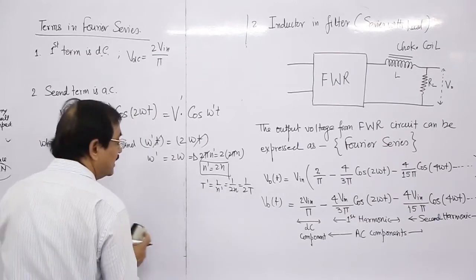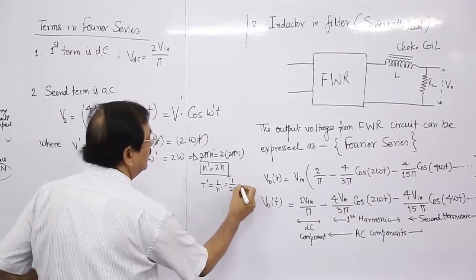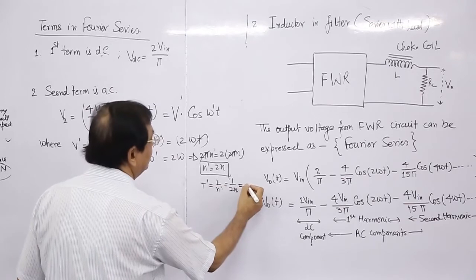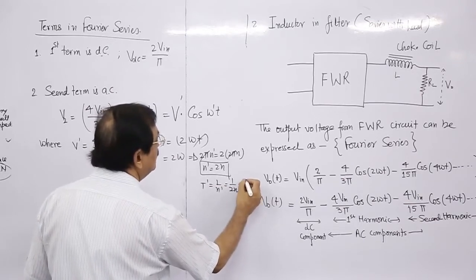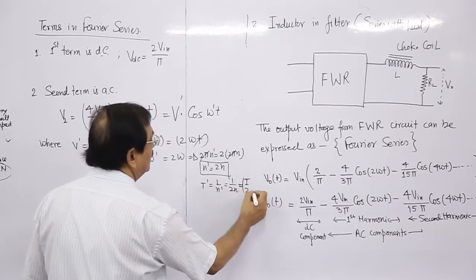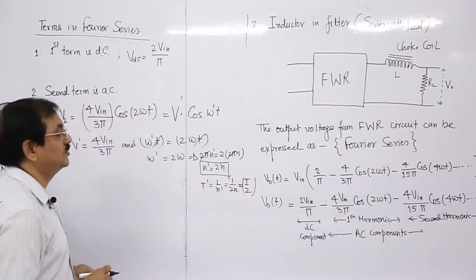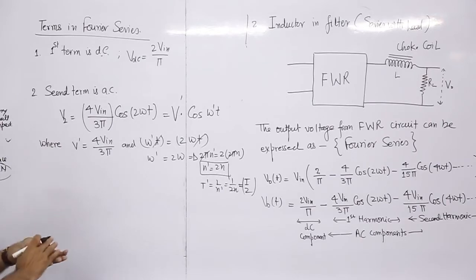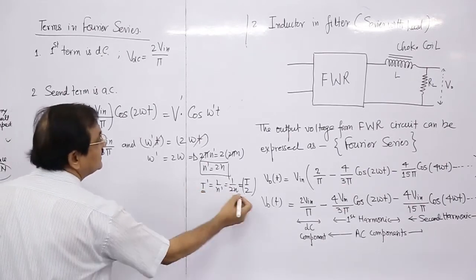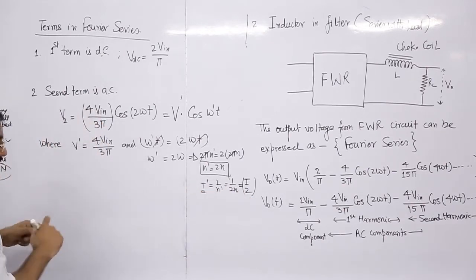So, you see something, 2 n is 1 by t by 2, and 1 by n is t, and then this is t by 2. So, if you draw the circuit, then the t dash is t by 2.